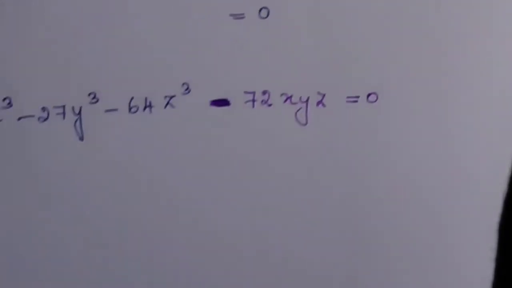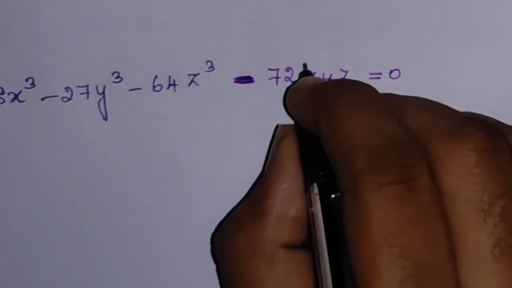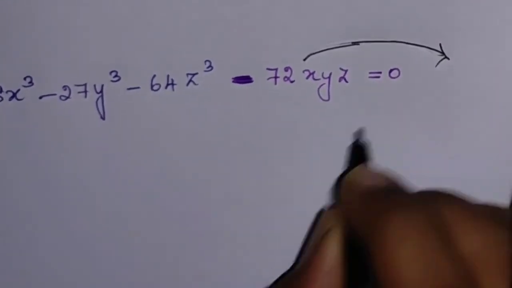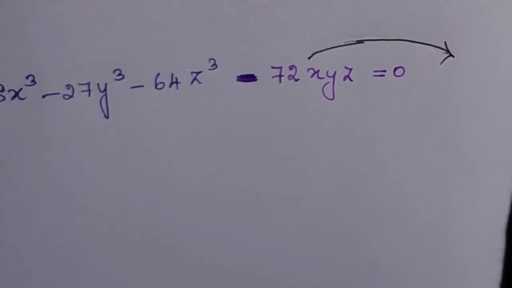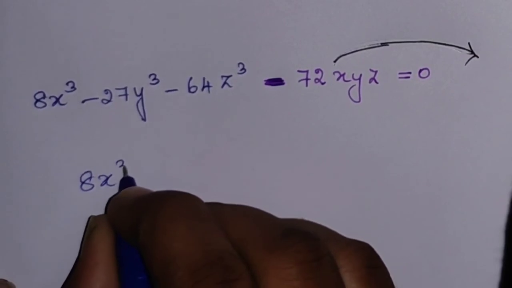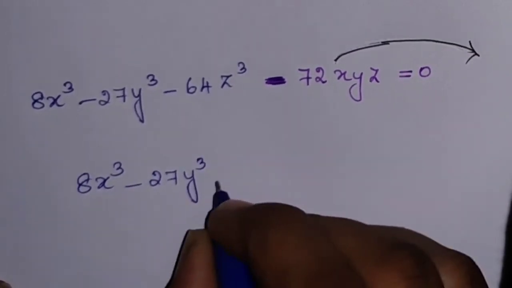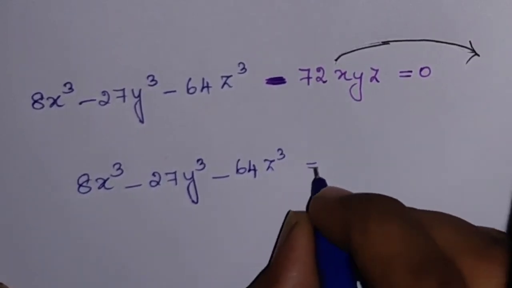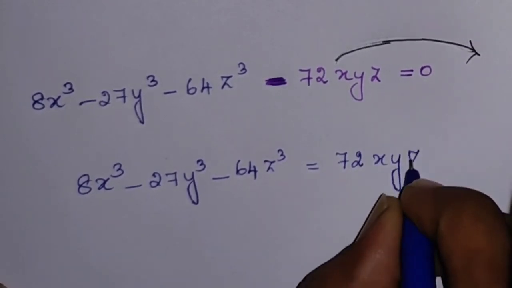Now take this minus 72xyz to the other side. So you will get 8x cube minus 27y cube minus 64z cube is equal to plus 72xyz.